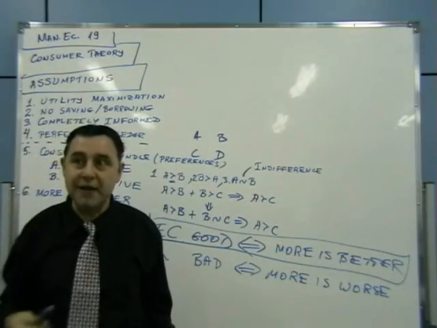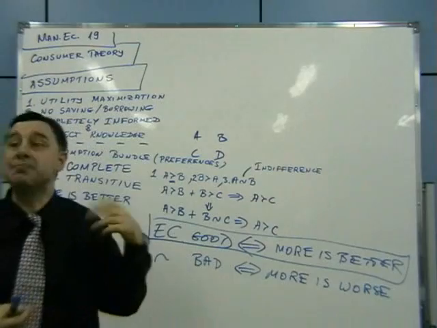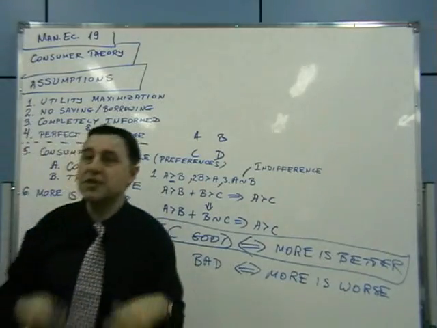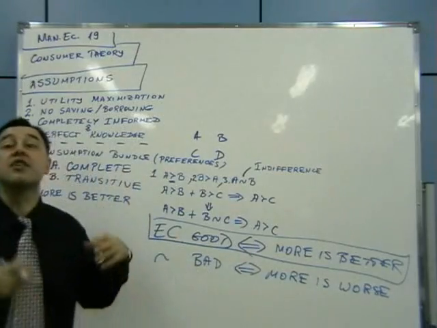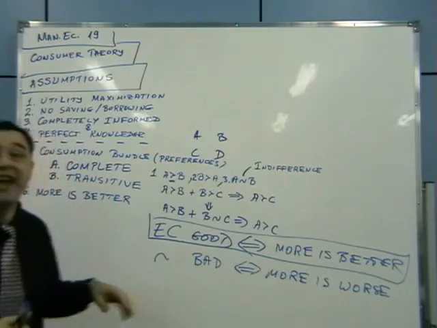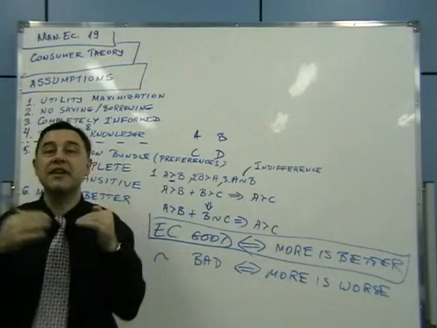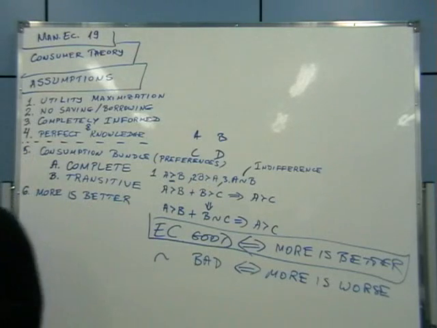A simplifying assumption is just an assumption which makes the analysis simpler and easier to use and to illustrate, but when you relax it, the result fundamentally does not change, and the type and nature of analysis doesn't change. So, more is better. Fundamental assumption.